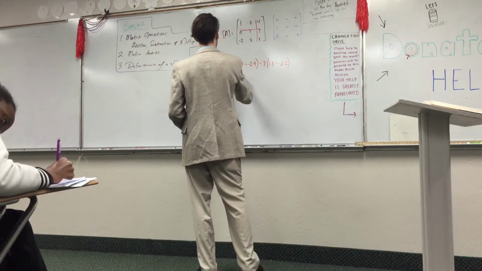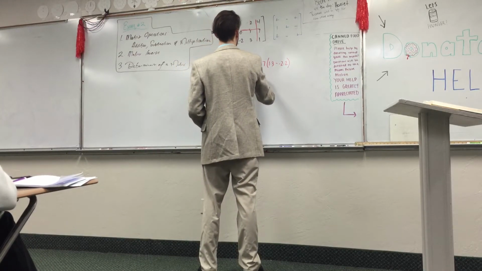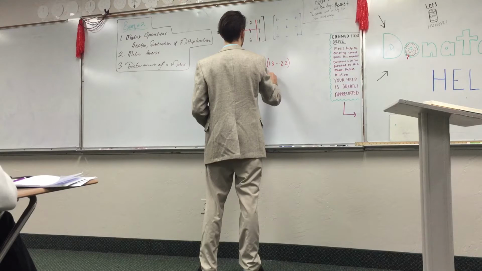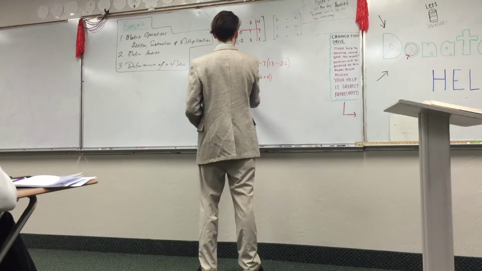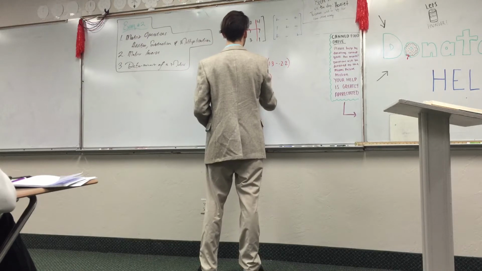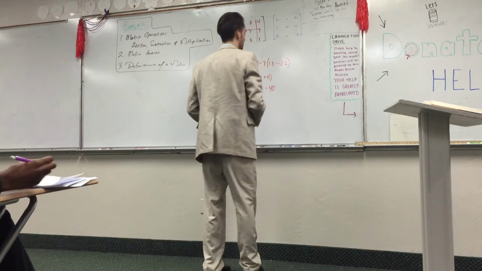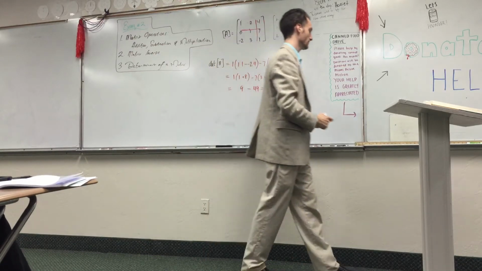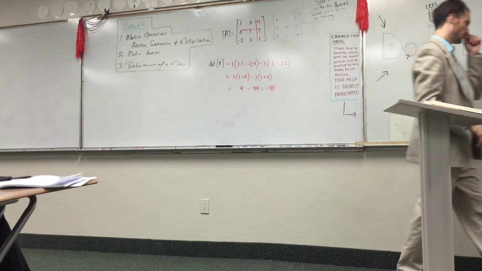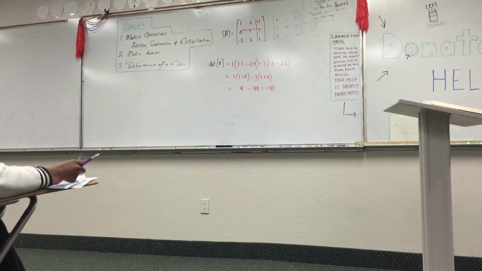Ends up as 1 times 1 plus 8 minus 7 times 3 plus 4 equals 9 minus 7 times 7 is 49 equals negative 40. Okay. If I expand with the first row, should I get the same answer or a different answer?